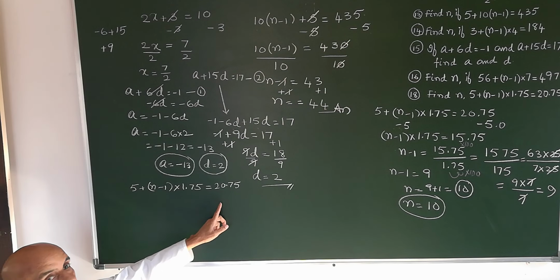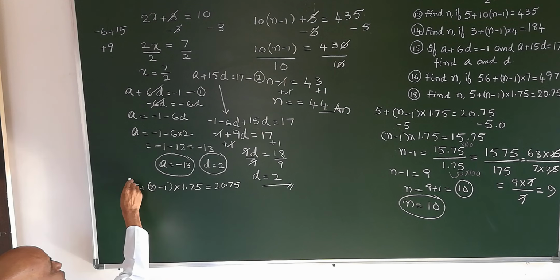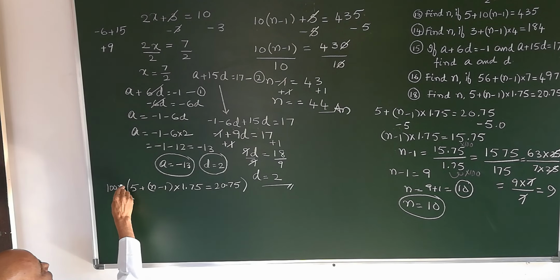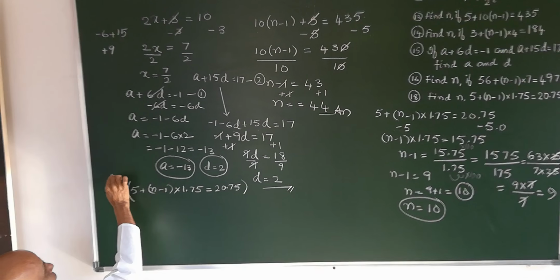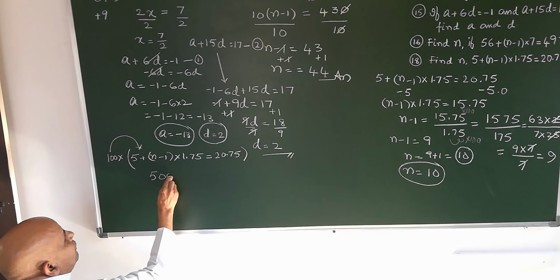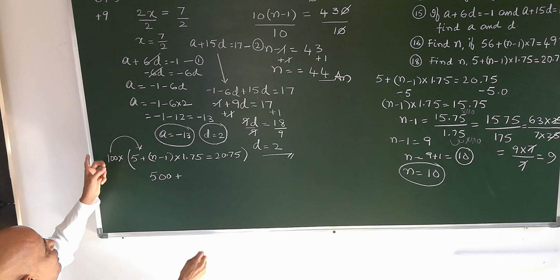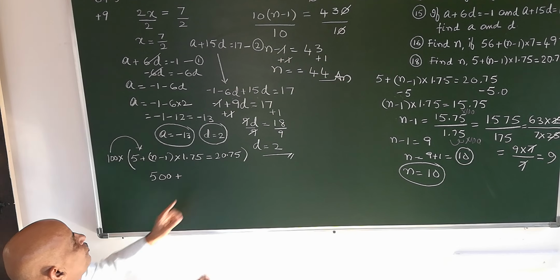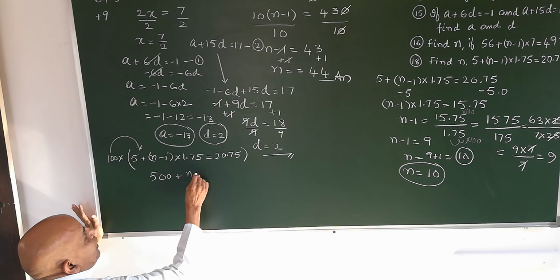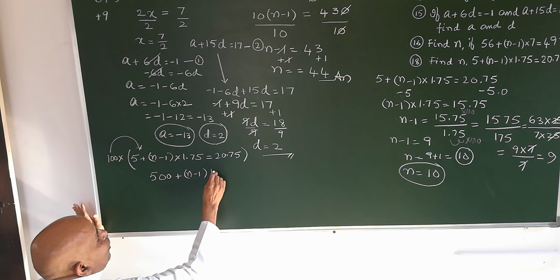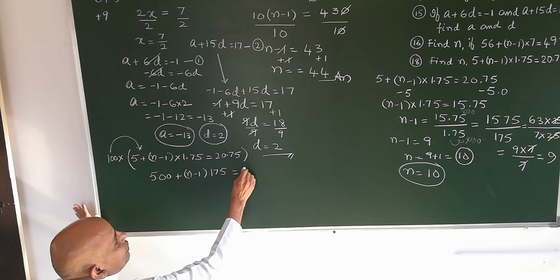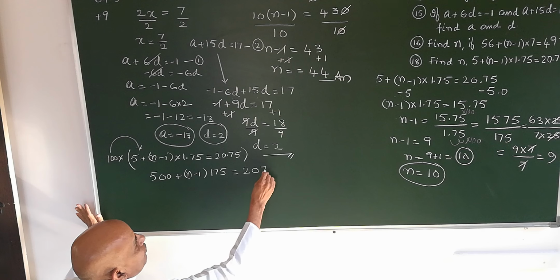Same problem I am doing in another method. Whole thing you multiply with 100. So 100 into 5 becomes 500. Plus when you multiply 100 with 1.75, this decimal point will be removed. So this becomes n minus 1 into 175. Here decimal is removed, 2075.